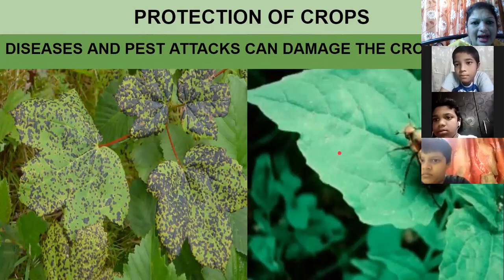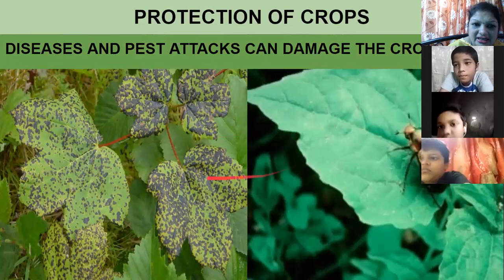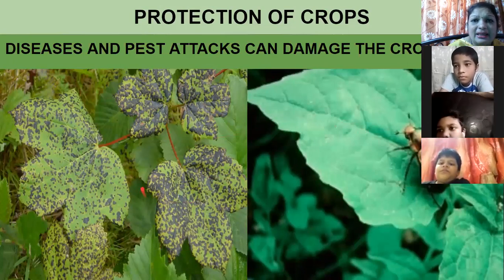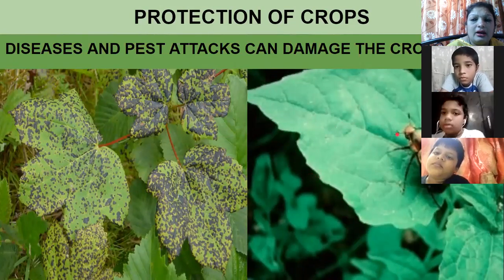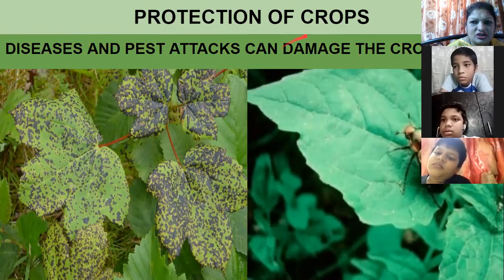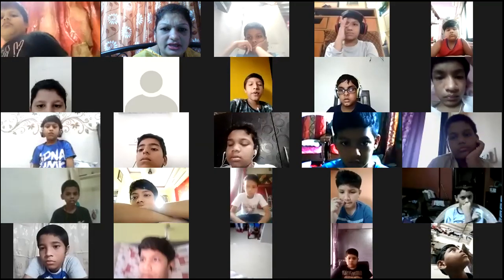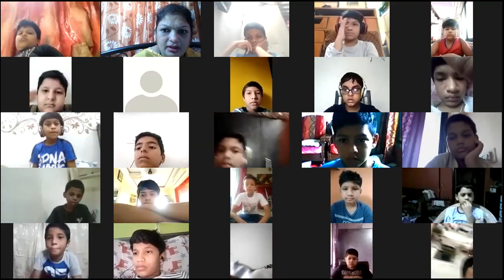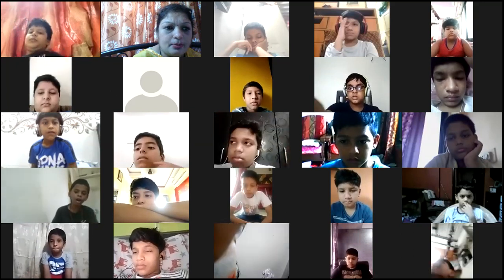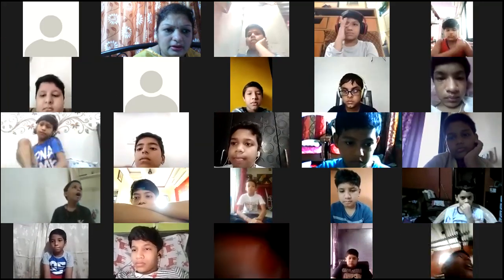These two will damage the crops. The diseases of the crops and the pest attacks will damage the crops. Okay, so we will study in the next session what happens and what measures are taken so that the crops are properly taken care of.